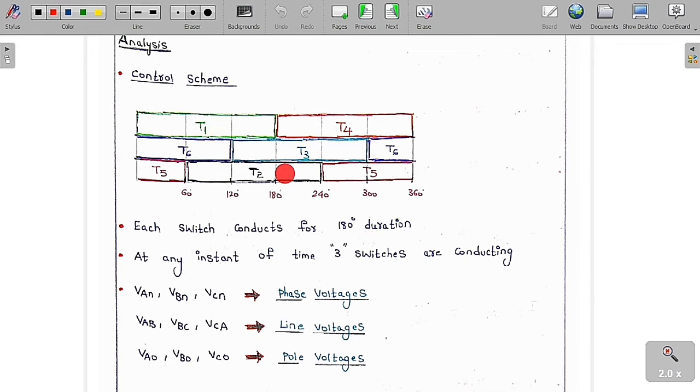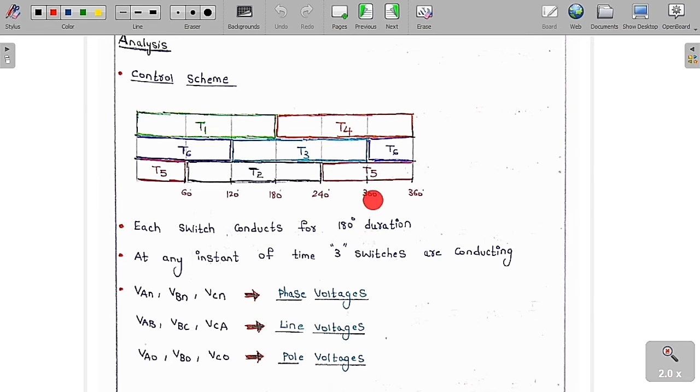Similarly, in the second leg there are T3 and T6, with a phase shift of 120 degrees. T3 conducts from 120 to 300 and T6 conducts from 300 to 120. Each thyristor conducts for a 180-degree range.